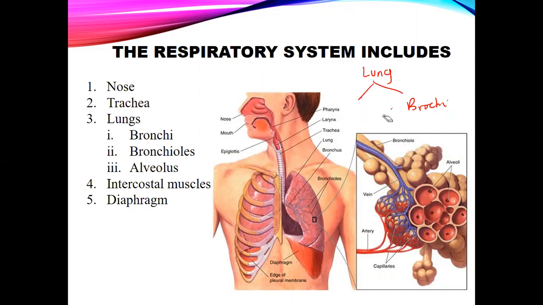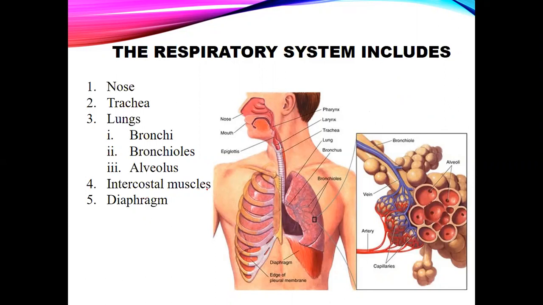What does this mean? All this division takes place in the lung because the lung wants to increase the surface area so that there could be easy diffusion of gases in and out of the lungs.